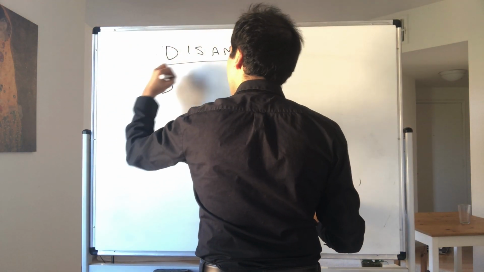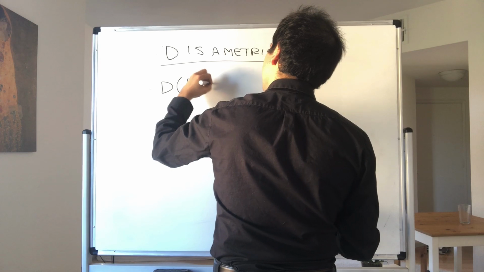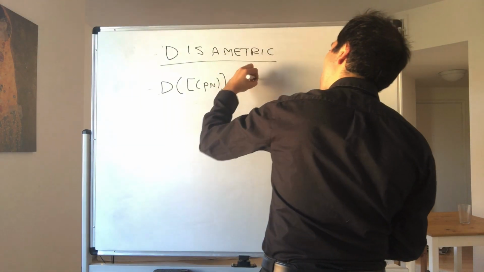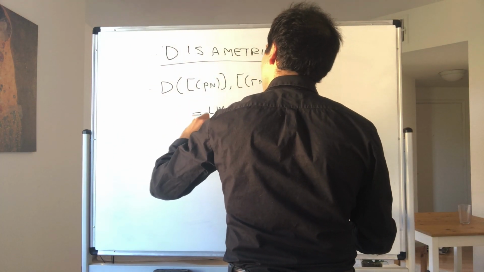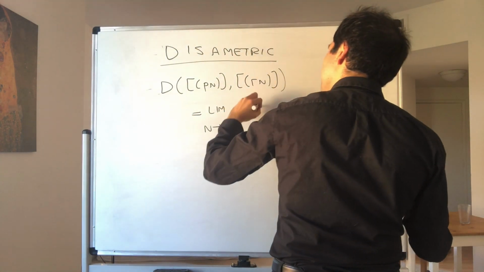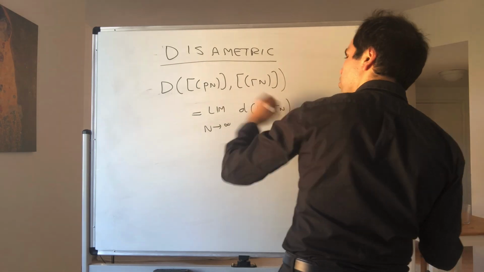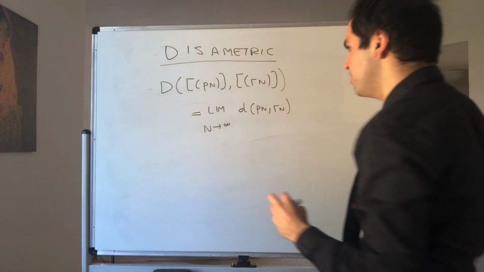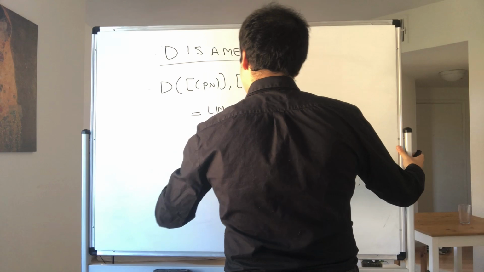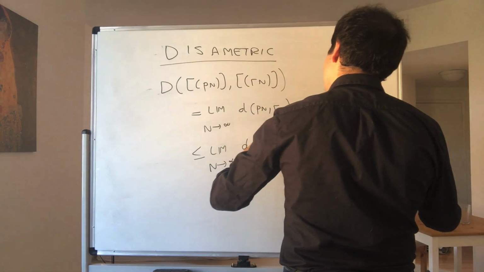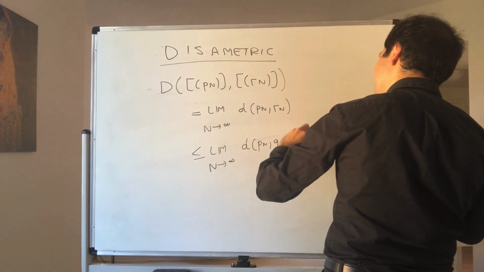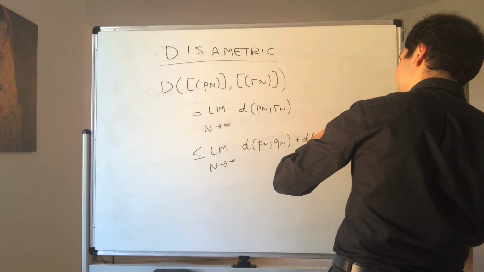For instance, let me verify the triangle inequality. So D of the classes Pn Rn, that is again the limit as n goes to infinity of d Pn Rn. It doesn't matter which sequence we pick now, but it's less or equal to the limit as n goes to infinity of d Pn Qn plus d Qn Rn.